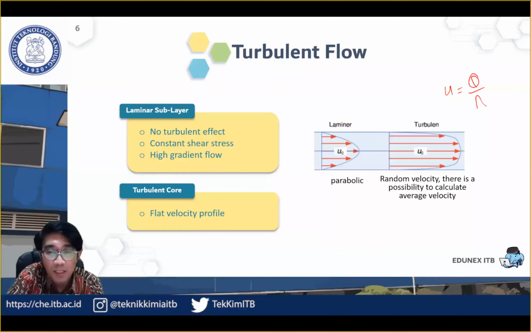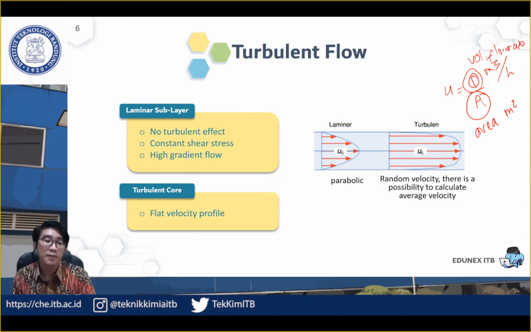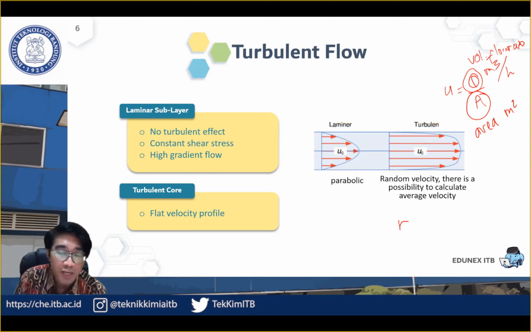Q is the volumetric flow rate, meter cubed per hour, this is the area, square meters. Biasanya ngitungnya tinggal pakai itu kalau untuk turbulent flow. Karena kan random ya, the velocity profile across R is very random.